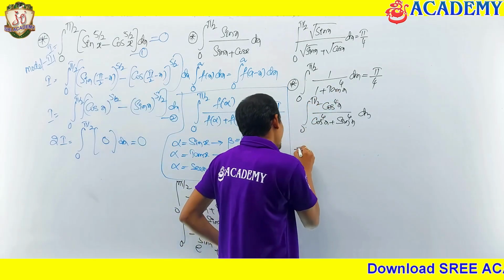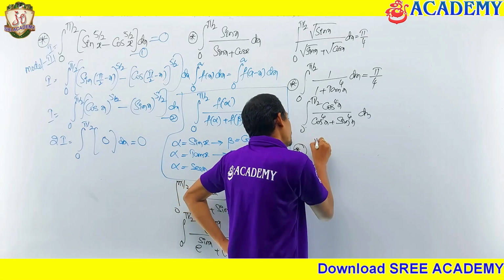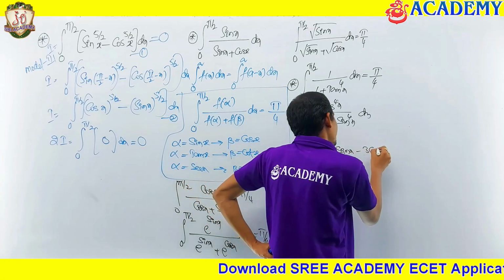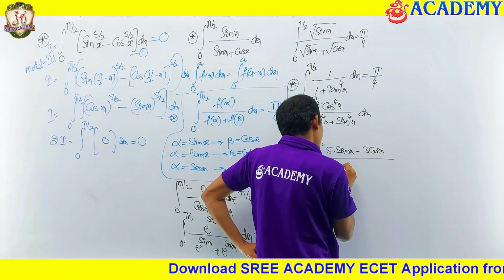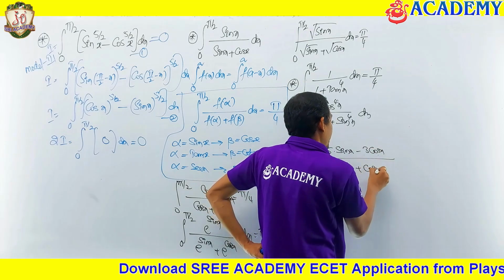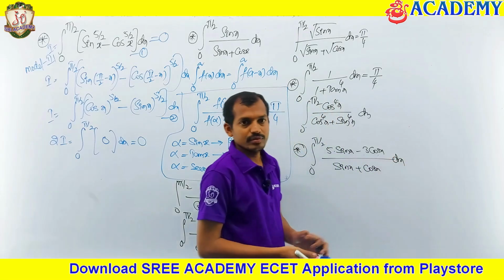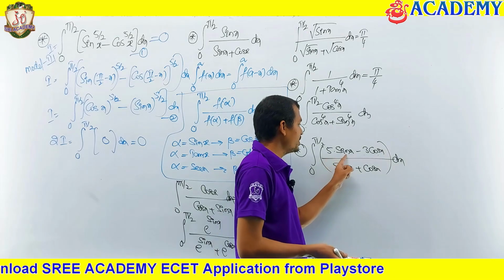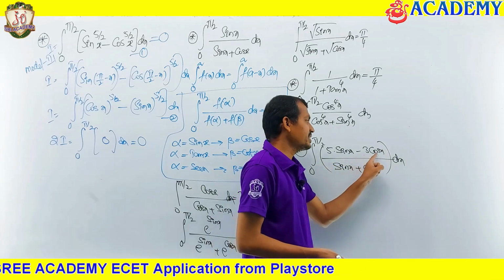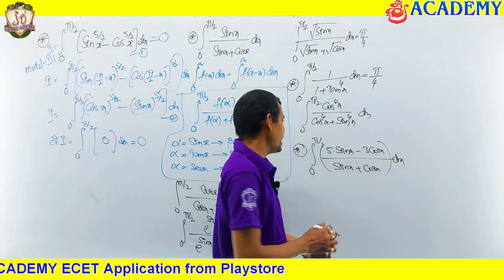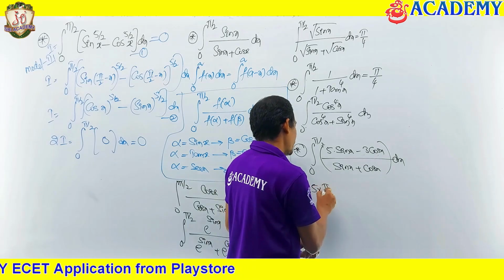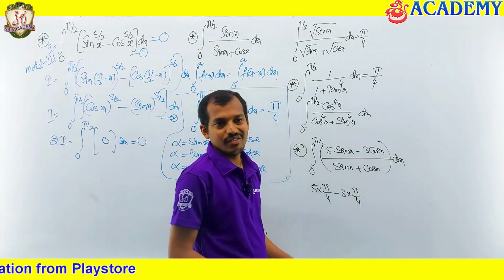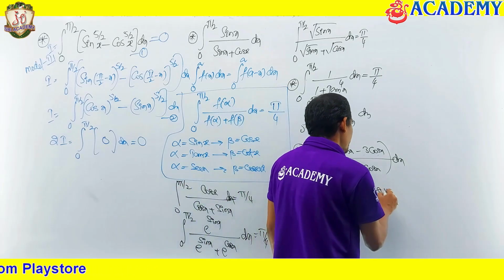And they may ask like this, integral 0 to pi by 2 of 5 sin x minus 3 cos x divided by sin x plus cos x. Now in the numerator we have 2 terms. If I take LCM, 5 into sin x by sin x plus cos x minus 3 into cos x by sin x plus cos x, you will get 5 into pi by 4 minus 3 into pi by 4, that is 2 into pi by 4.